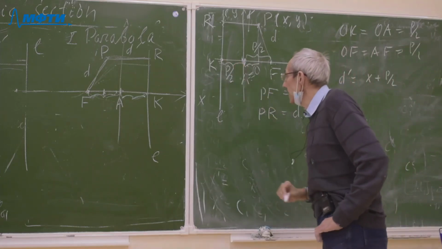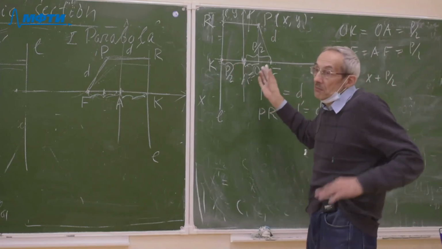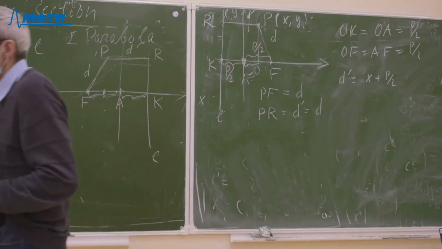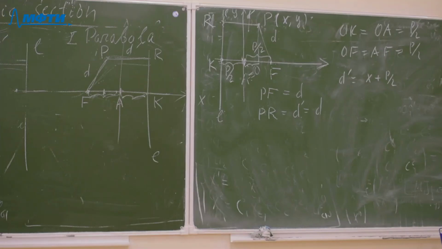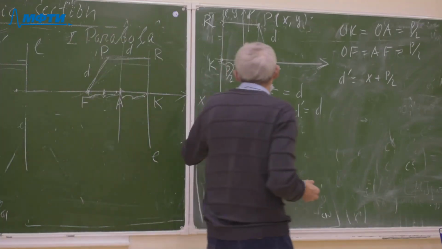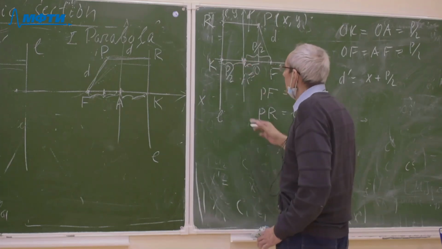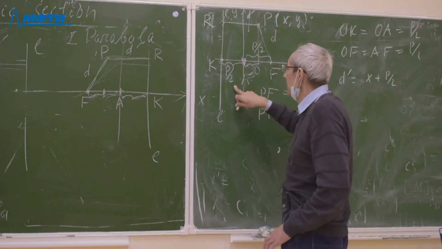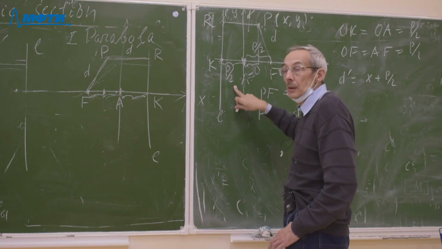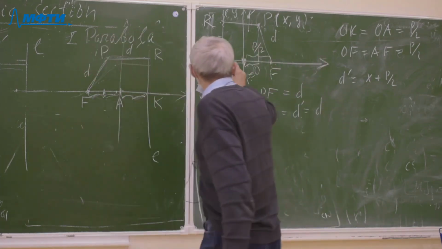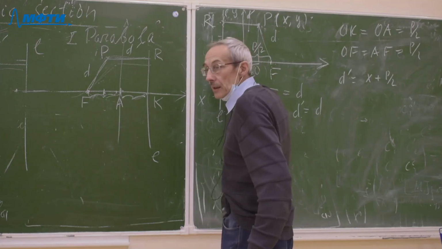And this distance, by definition, P is some parameter; I define this distance as some parameter P divided by 2.